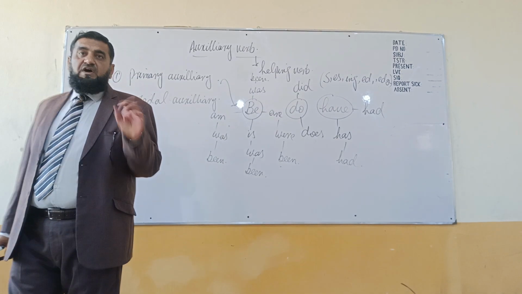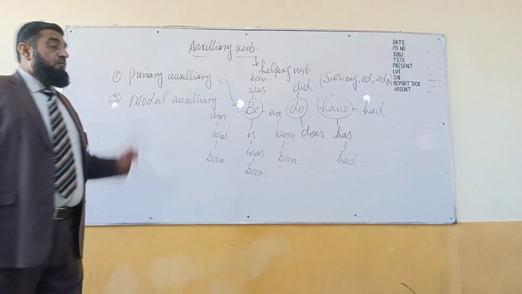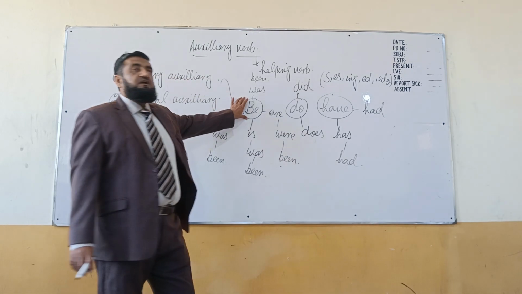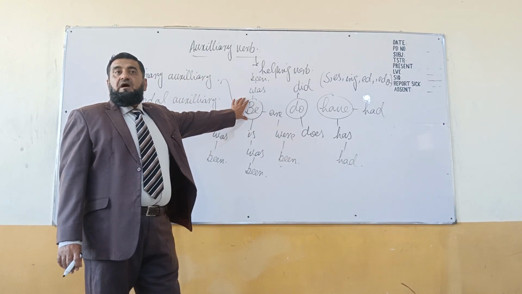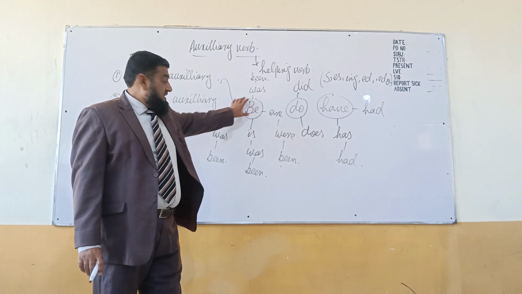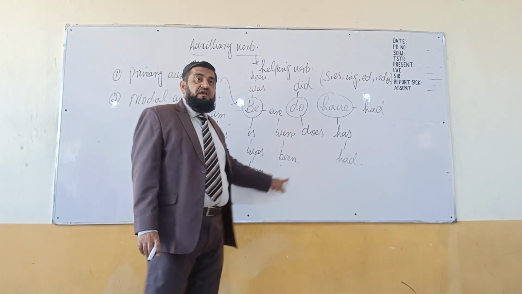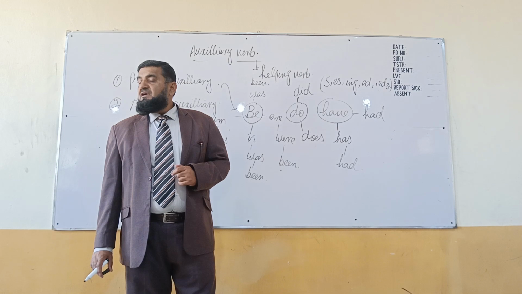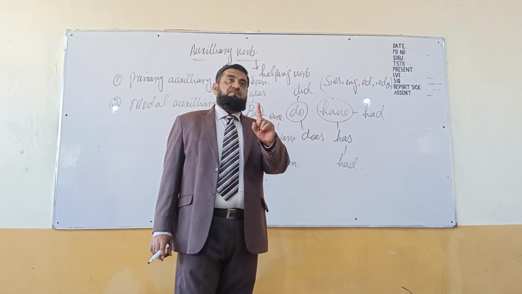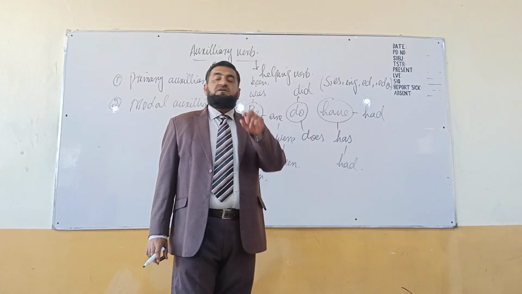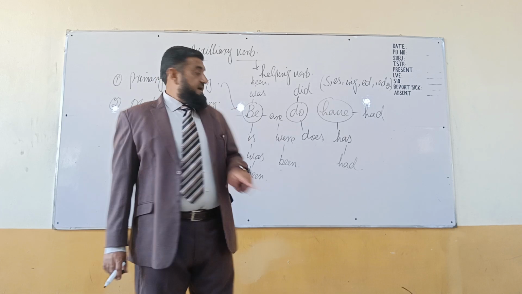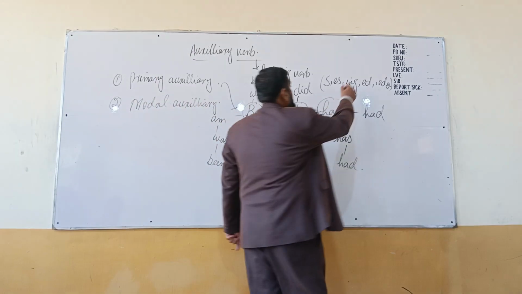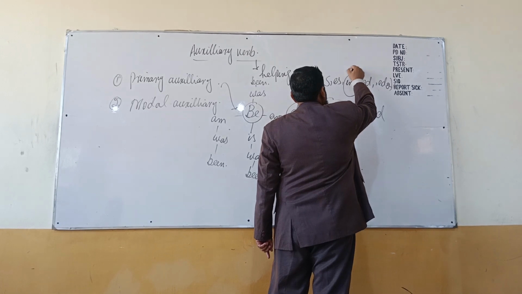Keep in mind, when there is auxiliary be in a sentence, meaning any of the be family, and the sentence is active, not passive, we will use the ing form.